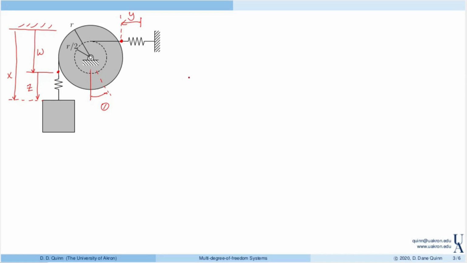So now, again, it's a 2 degree of freedom system. So we need two coordinates to define the configuration.